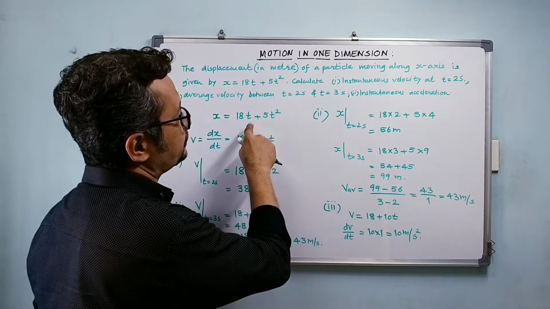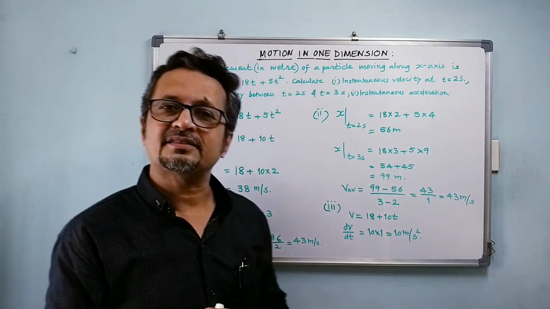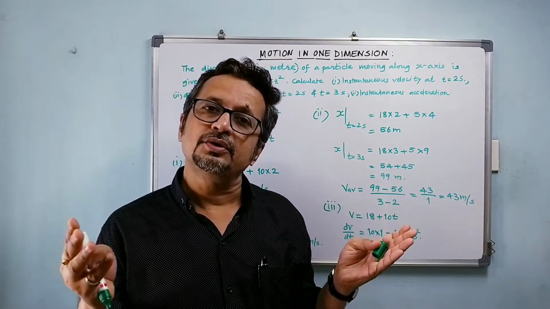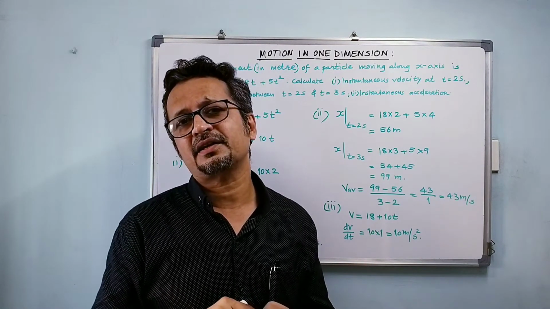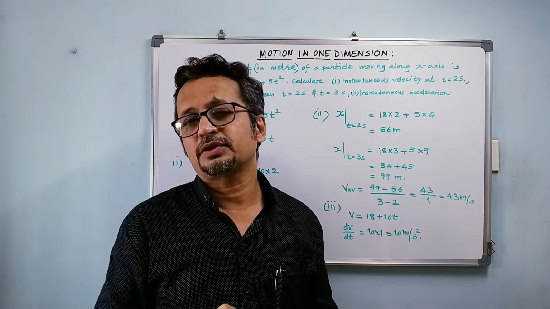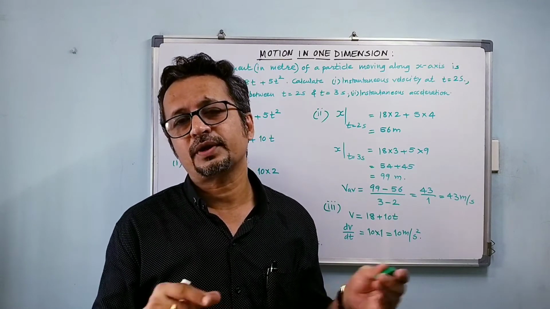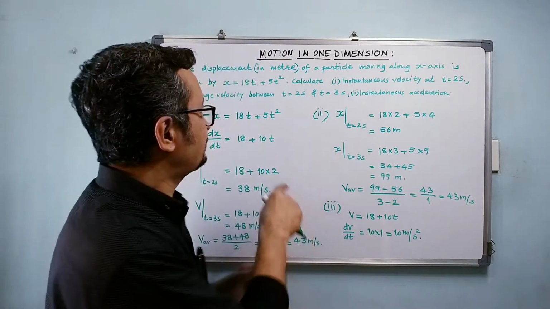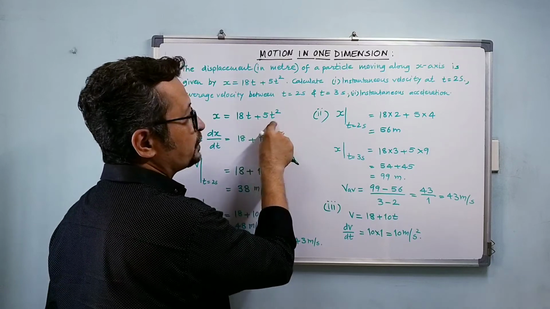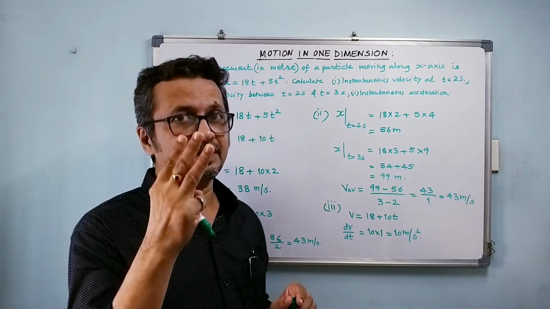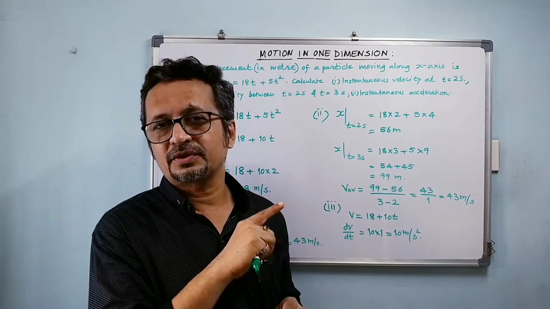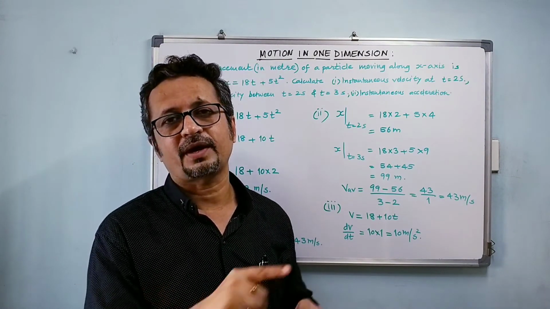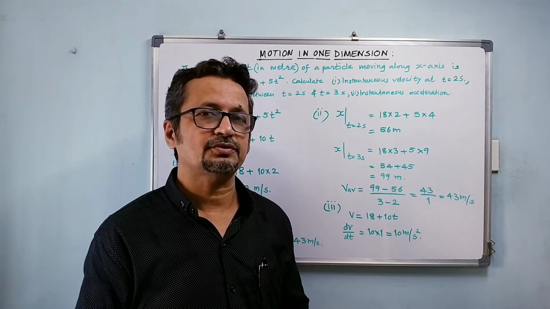If the highest power is 1, then acceleration will be 0, because time and displacement have a linear relationship, the velocity is constant, so no acceleration. But if the highest power of t is 3 or more, the acceleration is going to be variable. As time changes, acceleration is going to change.